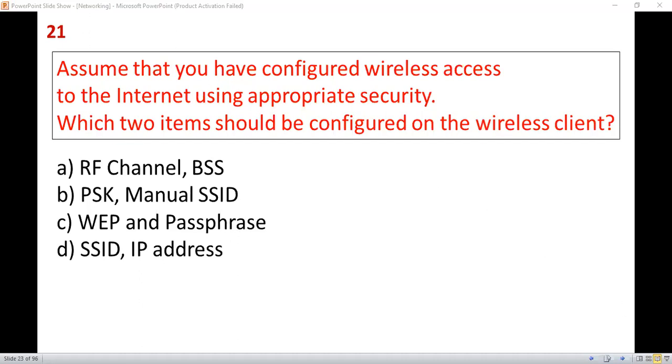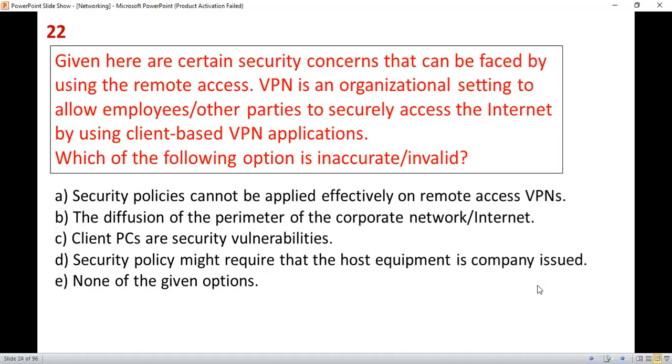The next question you can see. Given here are certain security concerns that can be faced by using remote access. VPN is originally set up to allow employees and other parties to securely access the internet by using client-based VPN applications. Which of the following options is inaccurate or invalid?